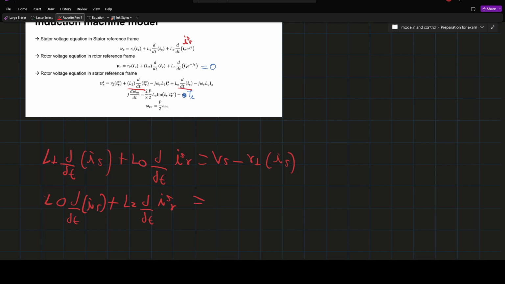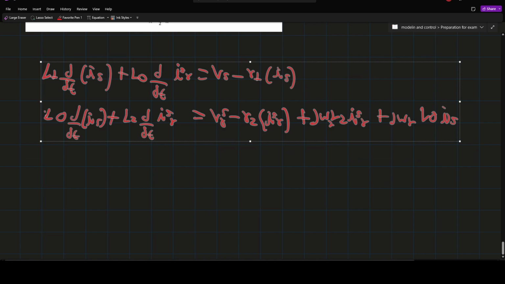Okay, now we have the other terms. We're gonna have VSR minus R2, the resistance in our rotor, times ISR, plus J omega R L2 ISR plus J omega R L0 IS, where omega R is the speed in the rotor, in electrical.